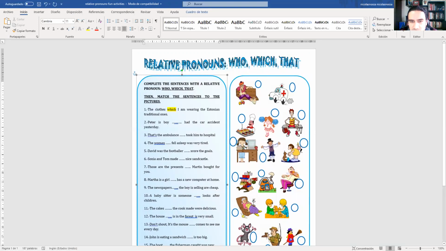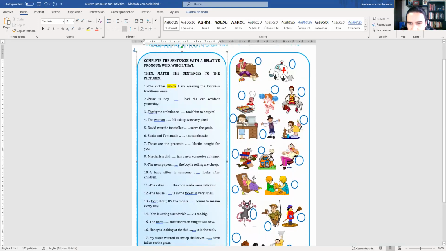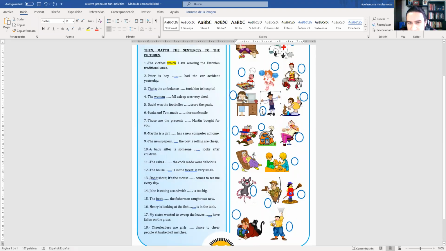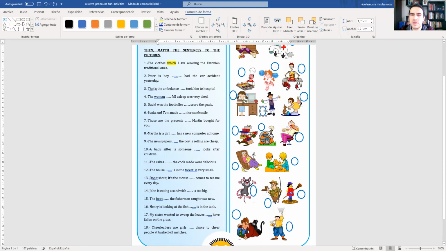So I have to check which is the correct picture according to this. The Estonian traditional one for me, that will be this, no? So I write the number one there, okay? So this is number one. Well, if you can write there, because maybe, I don't know, it's from here.